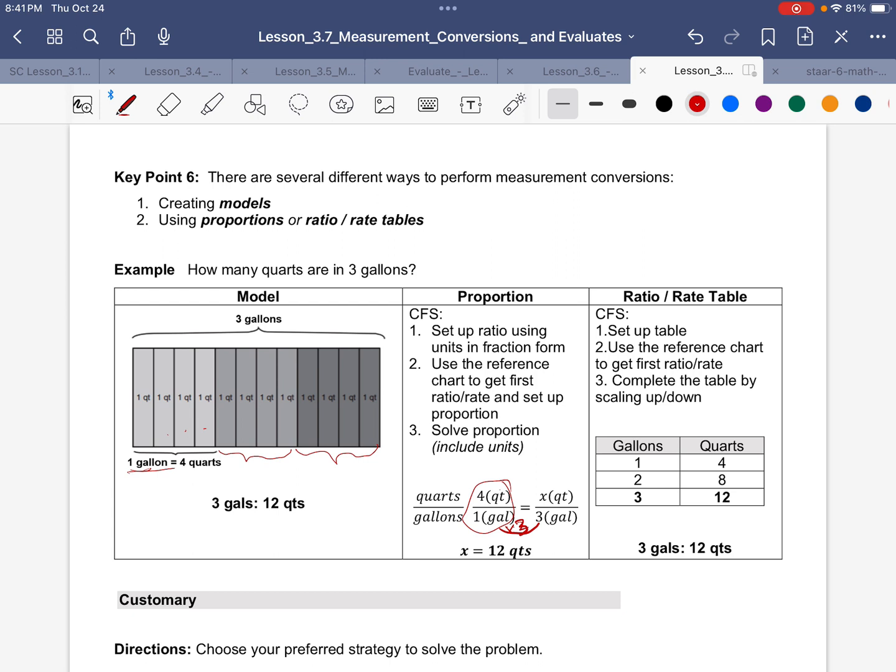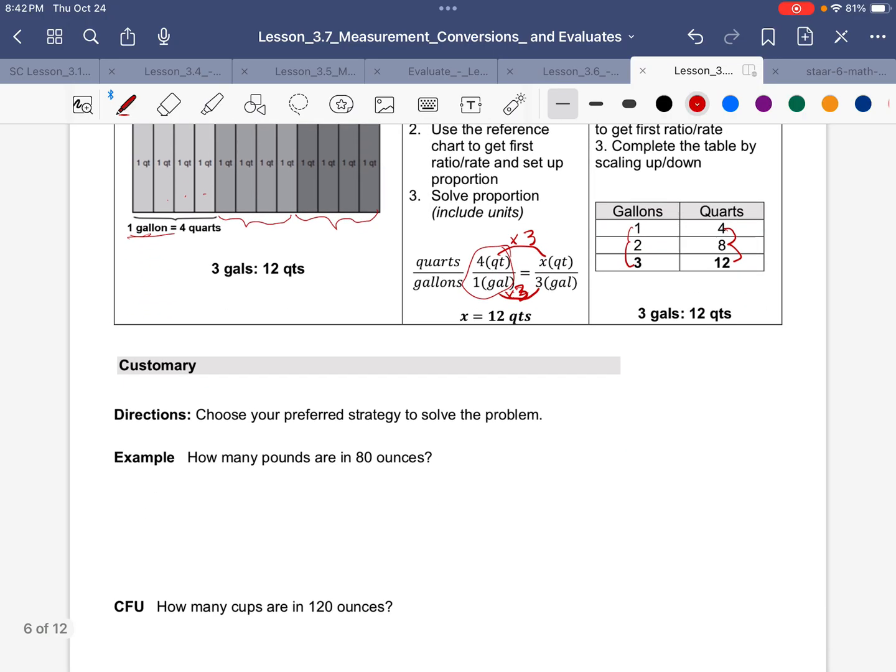So we have to do the same up here. 4 times 3 is 12. And same over here. You set up a table, and some people like to set up the table because it allows them to skip count. We're going from 1 gallon to 2 gallons to 3 gallons, which would be 4, 8, 12. So whichever one works for you is great.